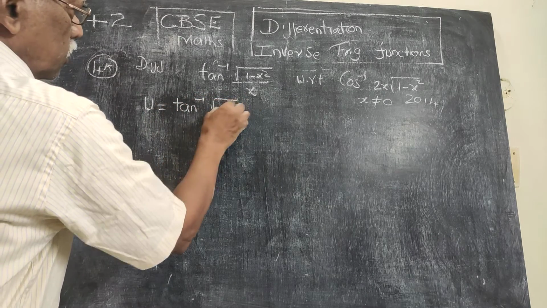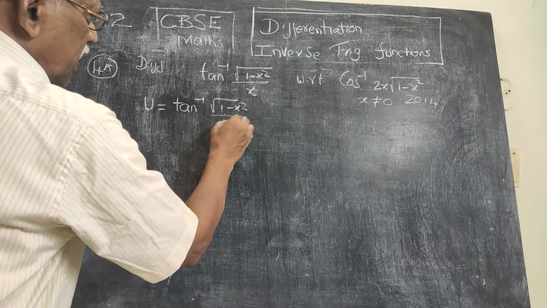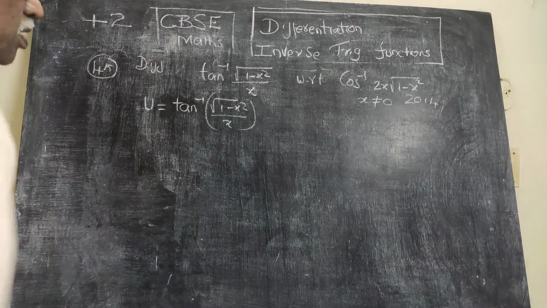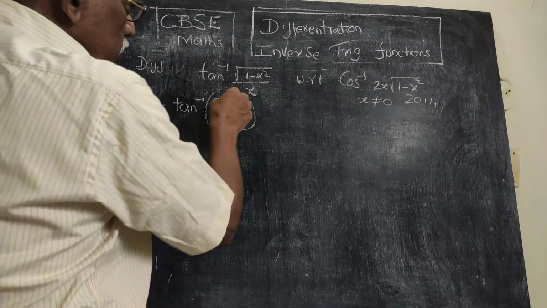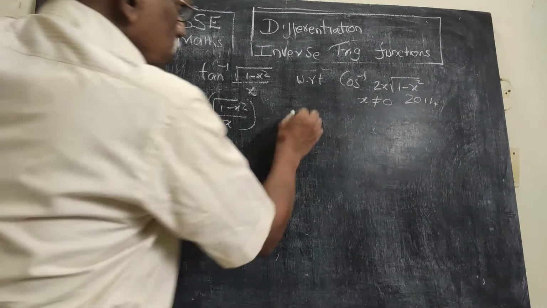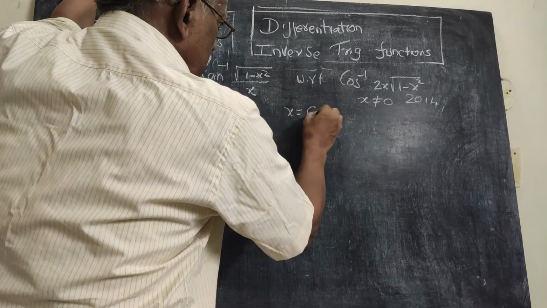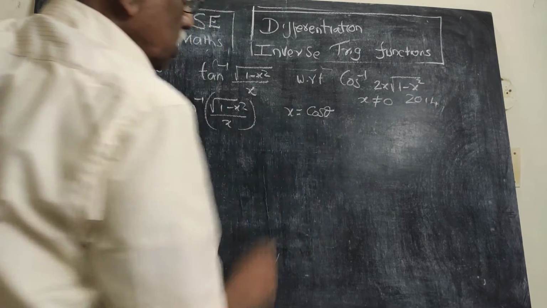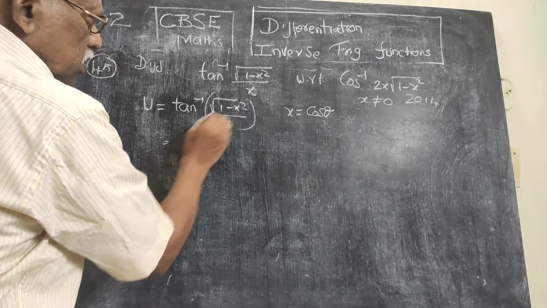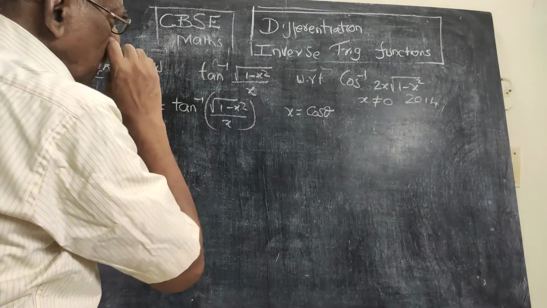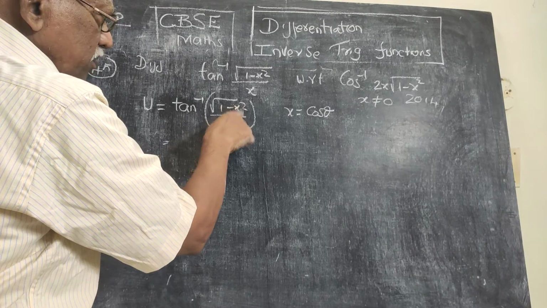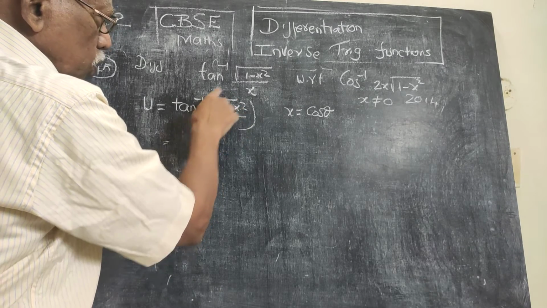Tan inverse of root of 1 minus x square by x. Since it is tan inverse, I must get tan theta, so here I should get sin theta. So I put x equal to cos theta. Therefore this becomes 1 minus x square, that is 1 minus cos square theta, which is nothing but sin square theta, root of that.